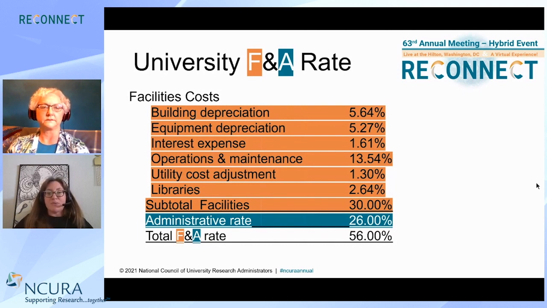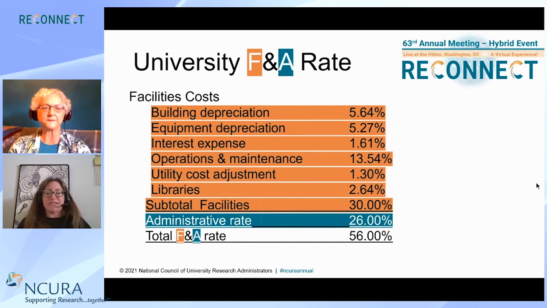And it's been capped at 26% historically since F&A has been around. So it doesn't matter what the true cost of your administration is on your campus for sponsored research or sponsored programs. It will always be capped at 26% if you're at an institution of higher education, which means we are never fully recovering all of our true costs because for many of our institutions, those true costs are above that 26%.